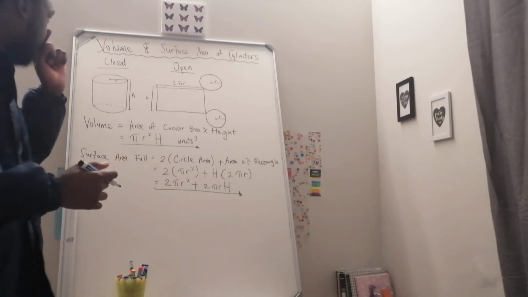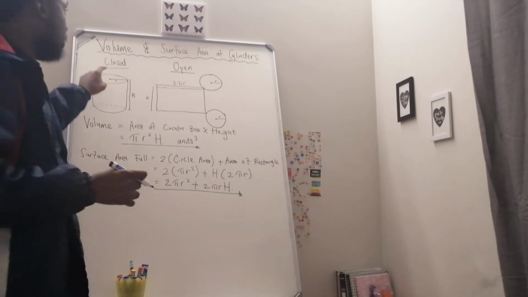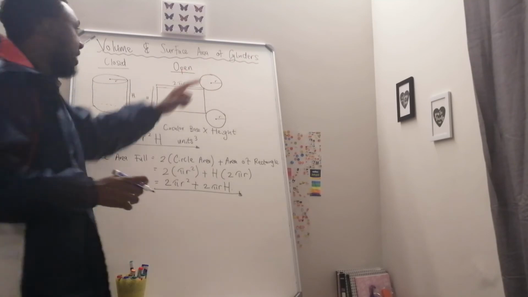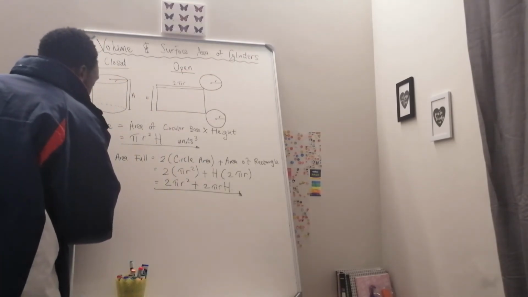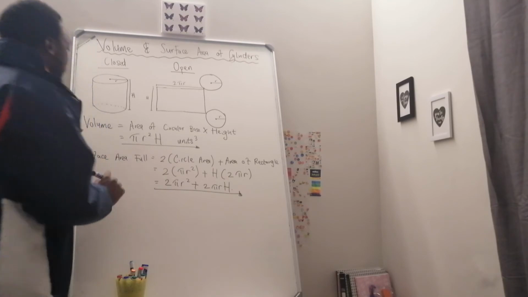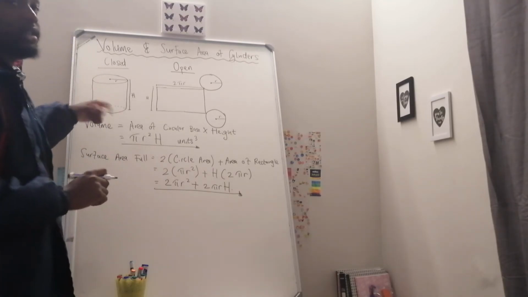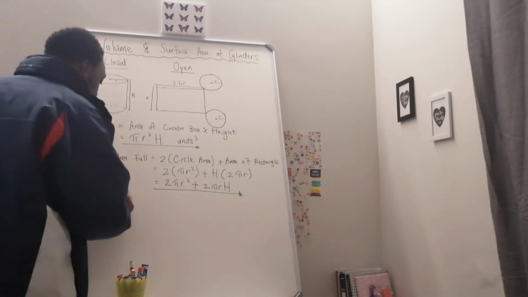So now imagine that the top of the cylinder is open. So it doesn't have that circle, right? So how would we calculate the surface area? So remember, volume is the space that the object occupies. So whether it's open or closed, the volume will still be the same, but the surface area changes.